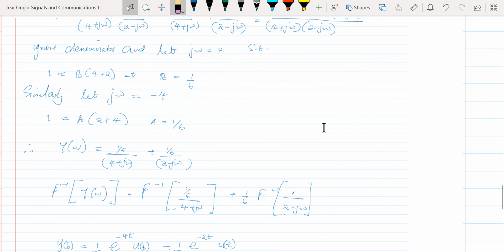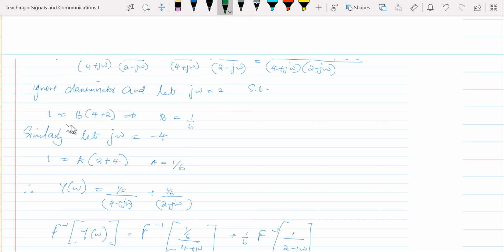There is a long method and a short method of doing that. I have opted to use the short method, which says that if we have ignored the denominator and we are equating the numerators, all we need to do is let the unknown term be equal to the term that we know.